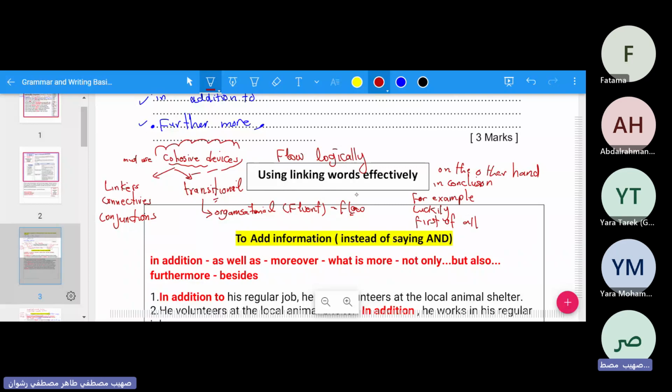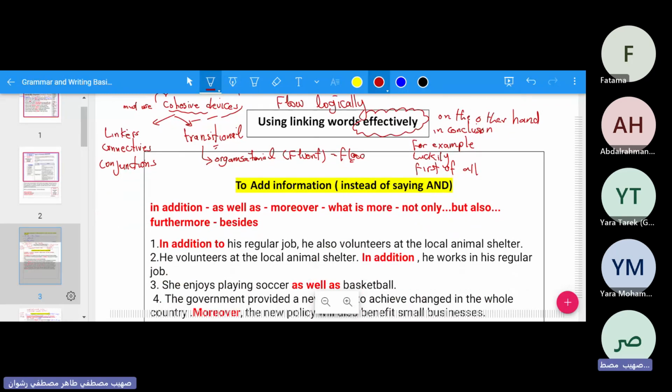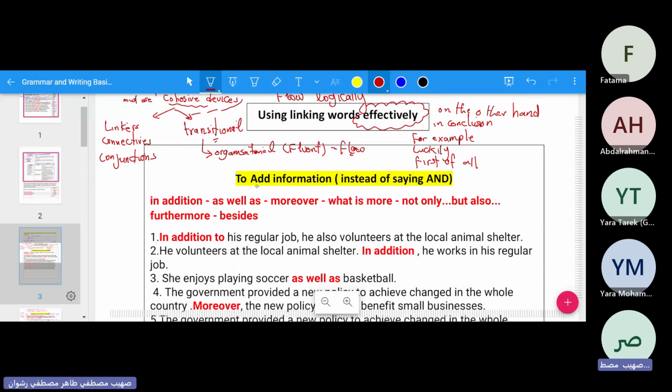Okay, how to use the linking words effectively. This is very important. Number one here, if we want to add information, I have an information and I want to add another information to it.